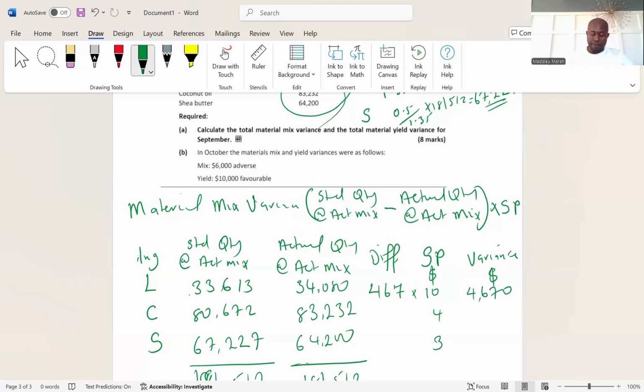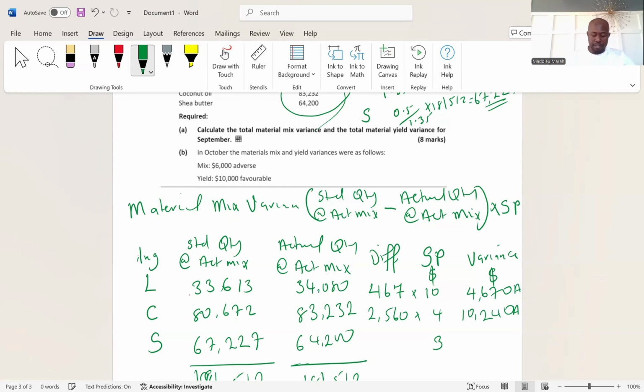And for the next one, 8672 minus 83232. This will give me 2560 adverse variance at 4, 10240 adverse variance, and this also adverse variance.